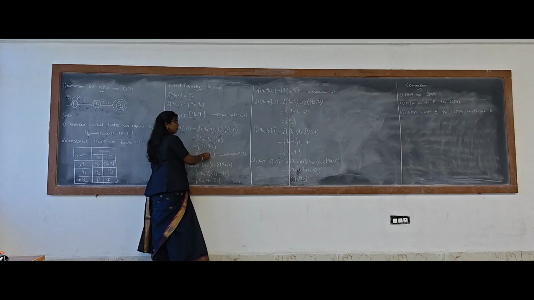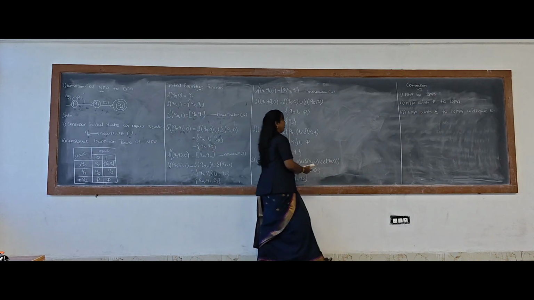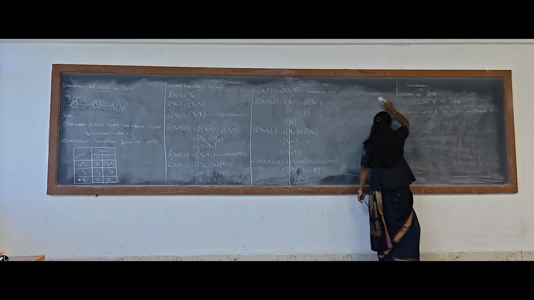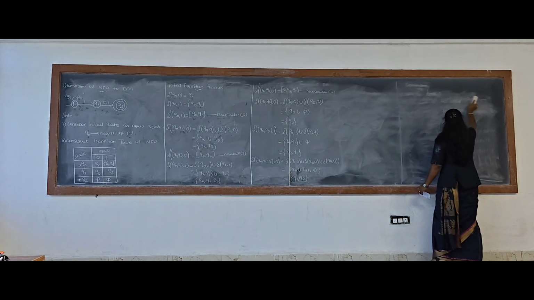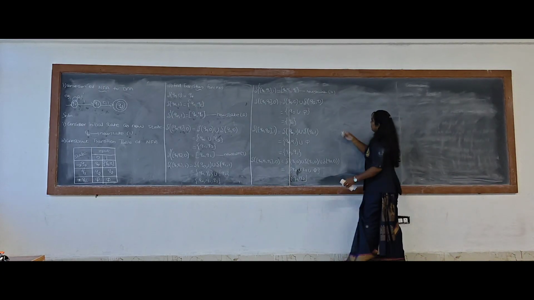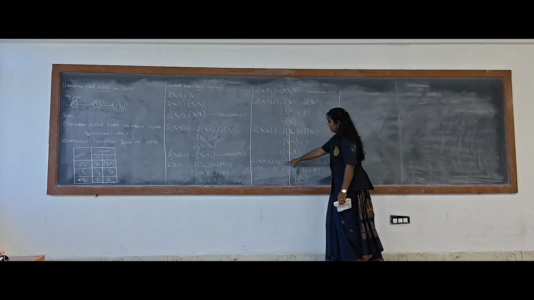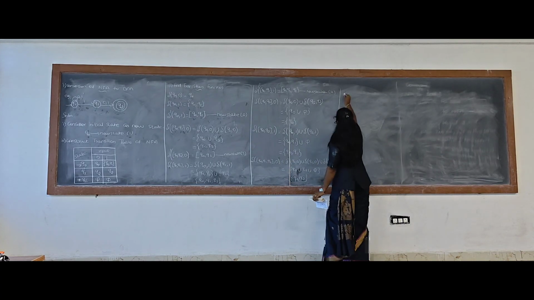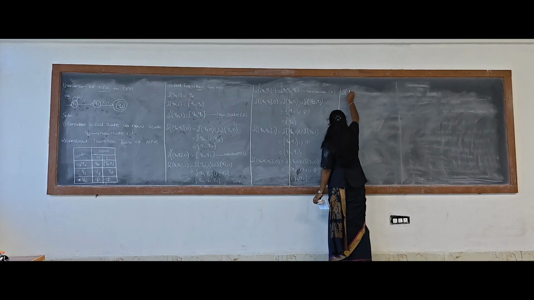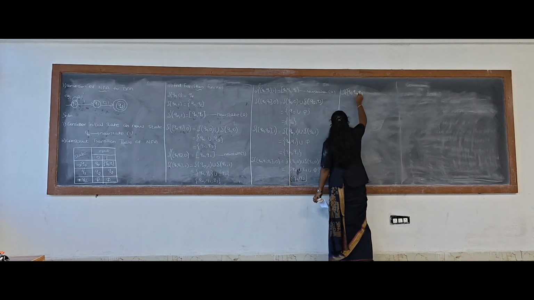Next we will move on to the next input symbol, which means using the input symbol 1. So transition function of q0 comma q1 comma q2 comma 1.